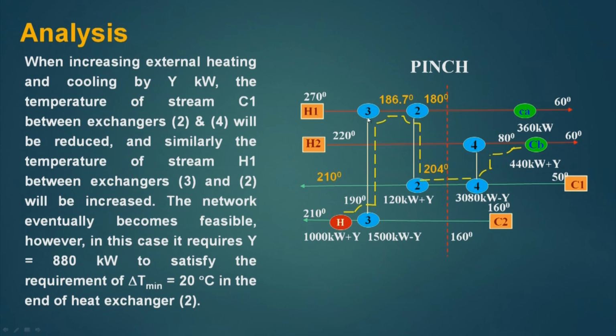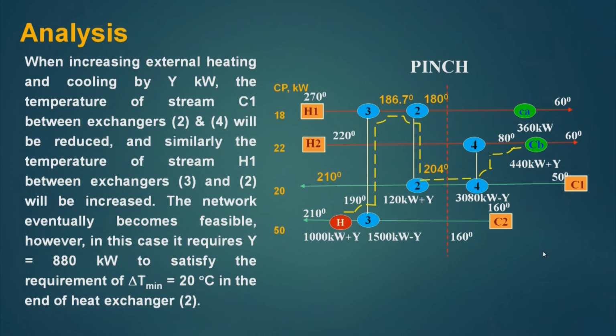Sorry, I have taken Y amount here, I have added Y amount here. So, this temperature remains same, but when you decrease this capacity of this heat exchanger, this temperature will change in such a way that these delta T's are restored.